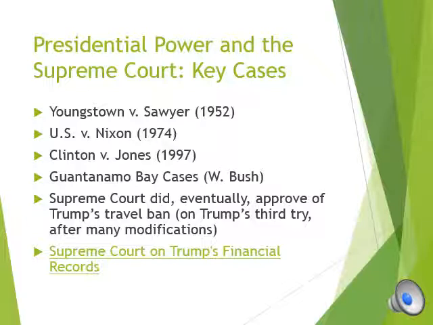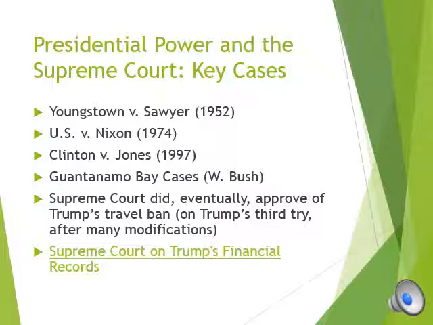But the cases where they have, Youngstown v. Sawyer, 1952. President Truman, in terms of prosecuting the war in Korea, had seized the nation's steel mills to prevent a labor strike and maintain government ownership of these steel mills. Ultimately, the court said, no, you can't do that. Your powers as commander-in-chief are vast, are great, but they only extend to the theater of war.